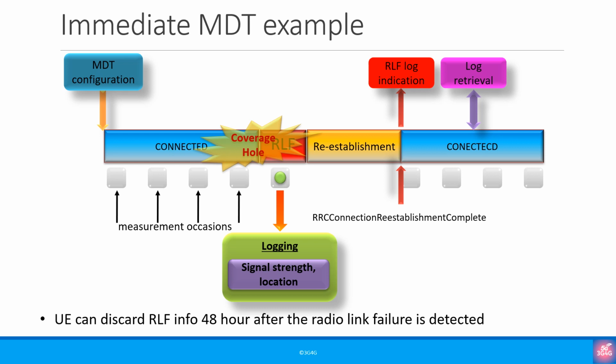After the completion of successful RRC re-establishment procedure, the UE indicates the availability of the log in RRC connection re-establishment complete message. The network can then retrieve the log at a convenient time. If the network is not interested in the log information, the UE can discard the information 48 hours after the radio link failure was detected.